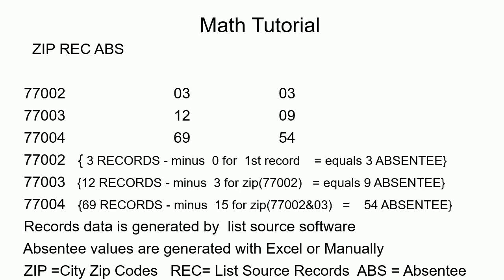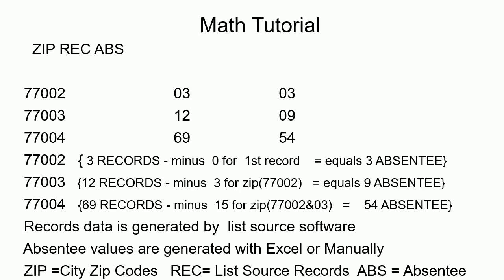This record total of 12 is not the absentee total, however. The absentee total for zip 77003 will equal 12 total records minus the 3 existing records for zip 77002. For a total of 9 absentee records for zip code 77003.